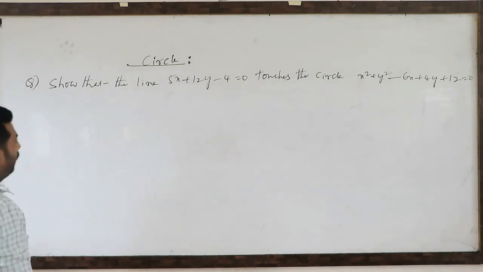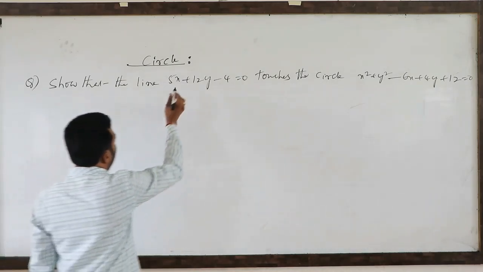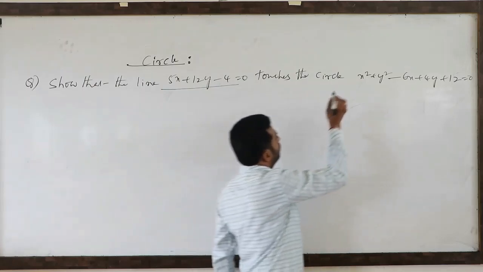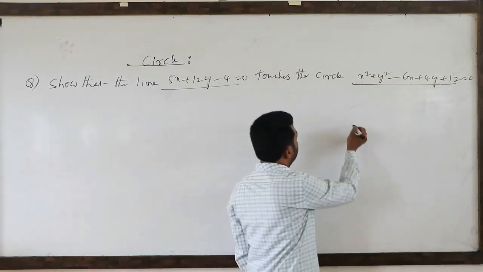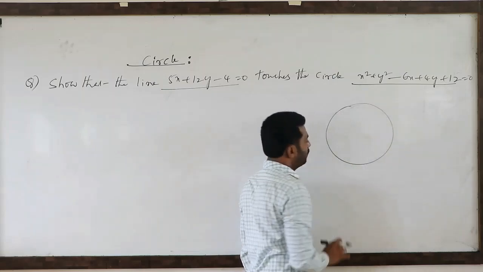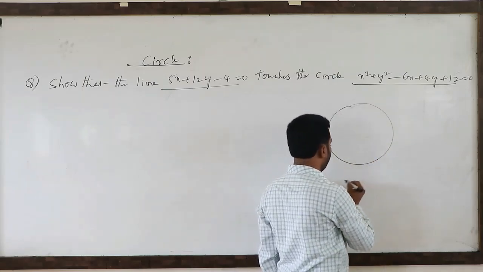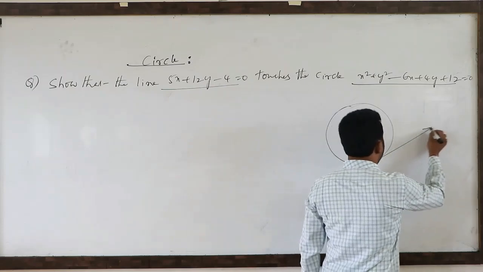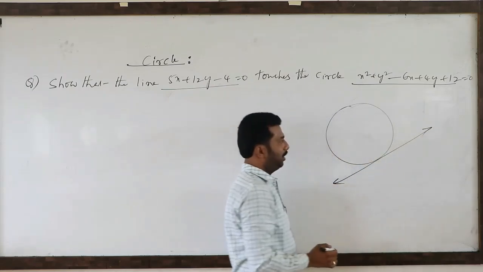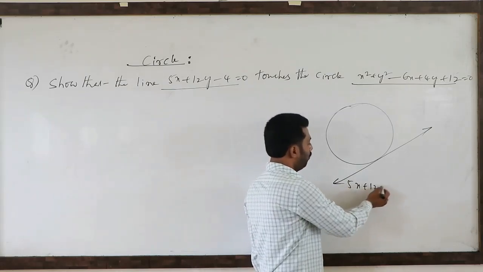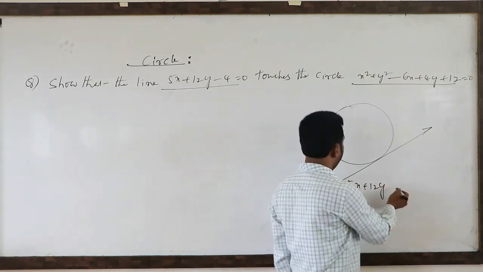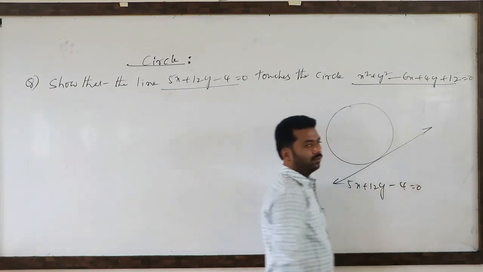What do we have to do? We just have to prove this line touches this circle. Touches, we just discussed. One circle is there, and one line is given. Whether this line touches or not. The line is 5x plus 12y minus 4 equal to 0.